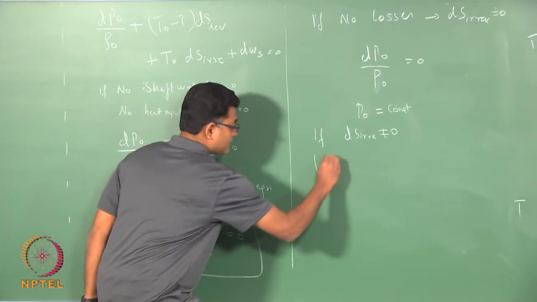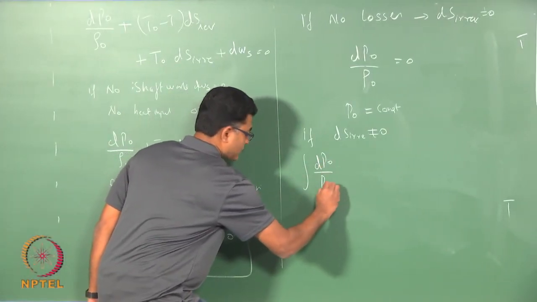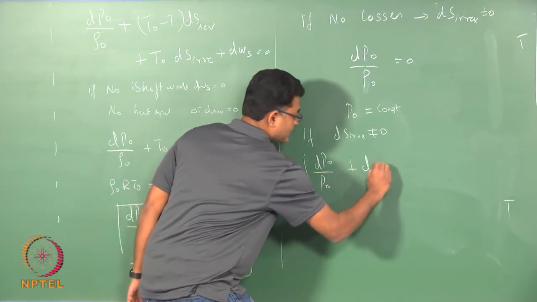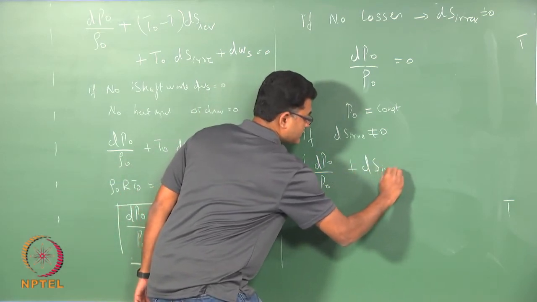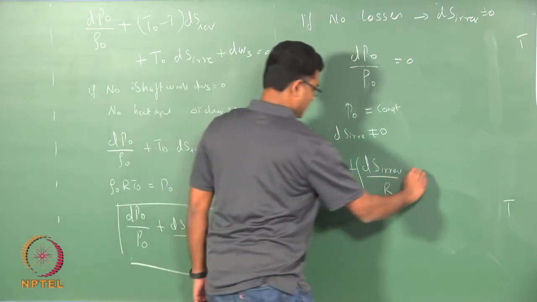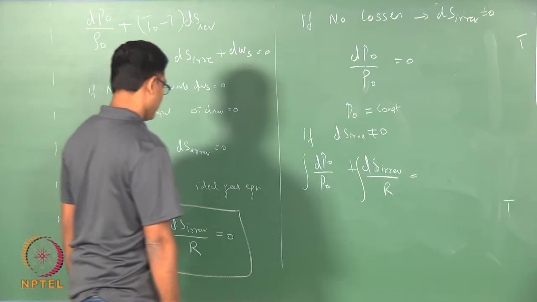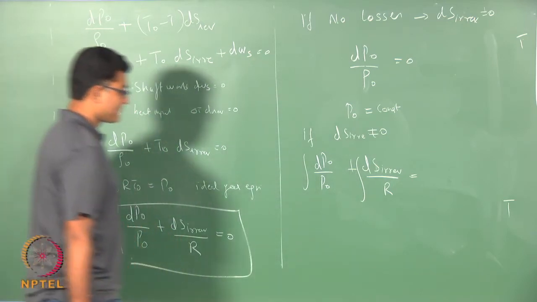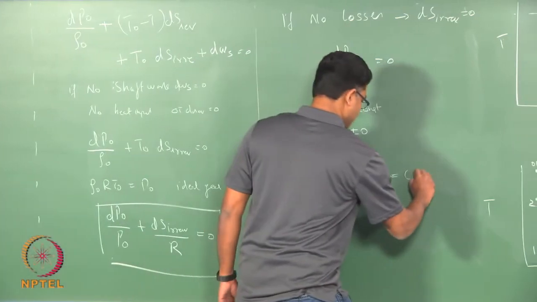So, I integrate dP0 by P0 plus dS irreversible by R equals some constant.